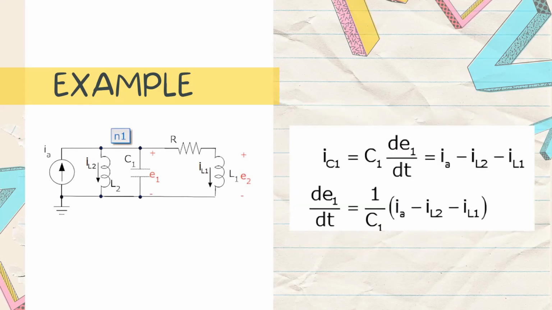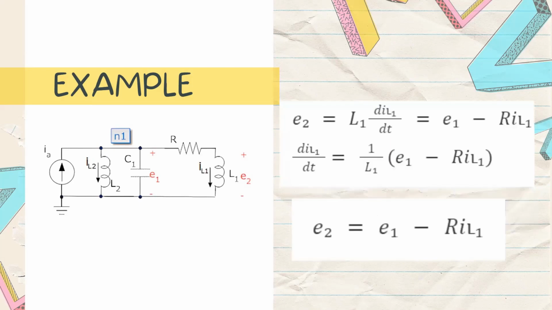We shift the differentiation dE1 over dt to the left hand side and C1 to the right hand side. So it becomes dE1 over dt equals 1 over C1 times IA minus IL2 minus IL1. Next.